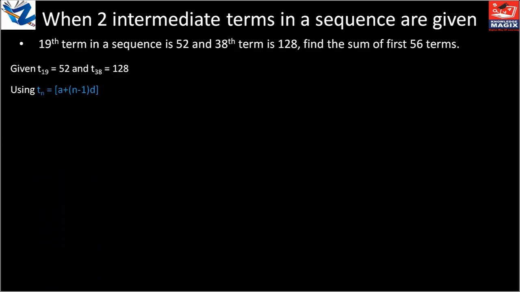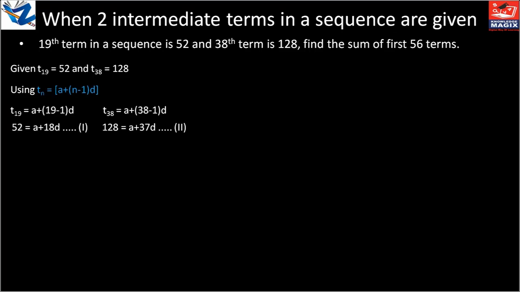Using Tn is equal to a plus n minus 1 into d, T19 is equal to a plus 19 minus 1 into d. T38 is equal to a plus 38 minus 1 into d.